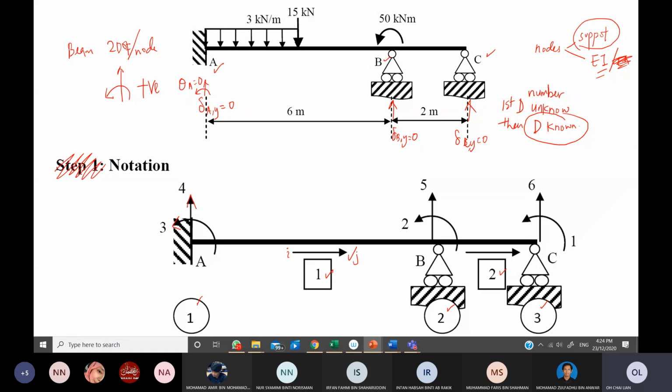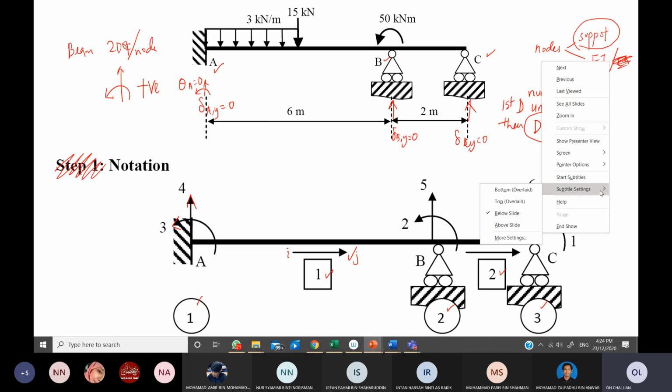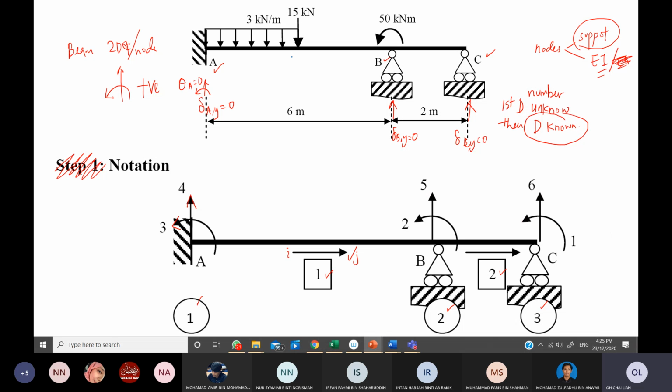Once we have identified what is known, we number the unknown first. Which one will be the unknown? Let me change color. This unknown, this unknown. The one I drew in blue color is unknown. So I name it first.